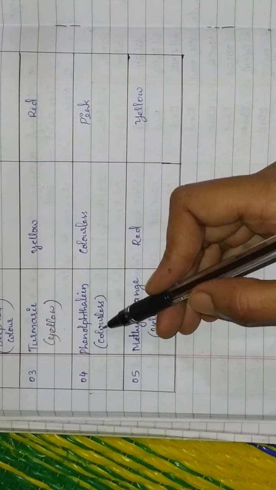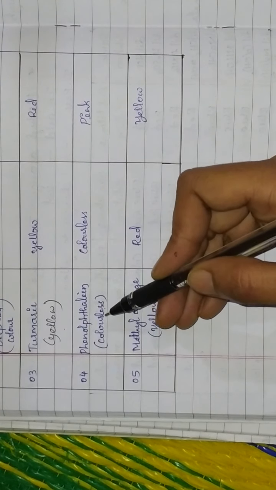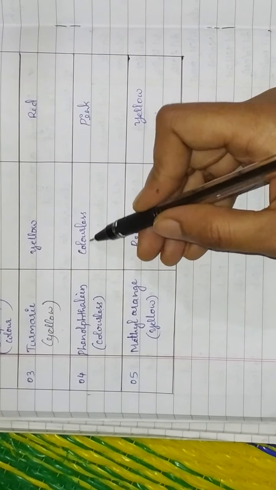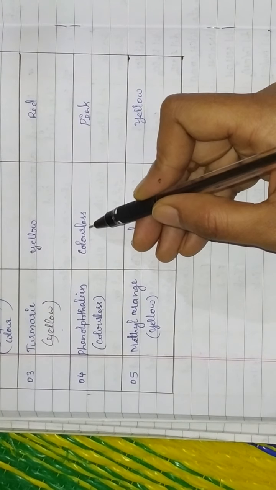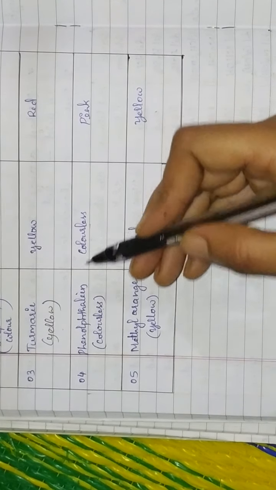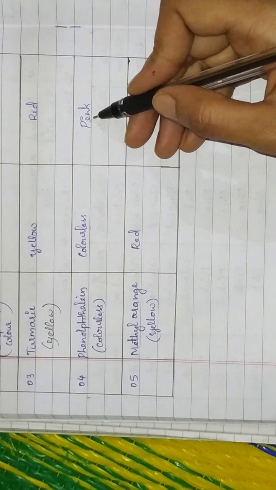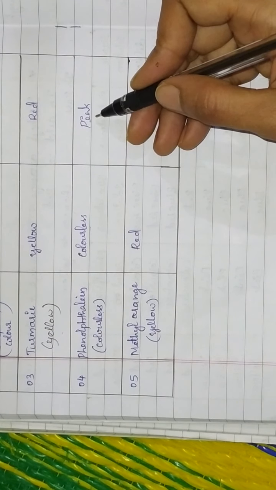Phenolphthalein. Actually, it is a colorless solution. When it is added to acid, it remains colorless. There is no change in the color of the acid. But when this phenolphthalein is added to a base, the color of the basic solution changes into pink.